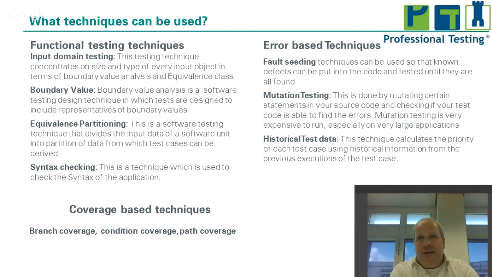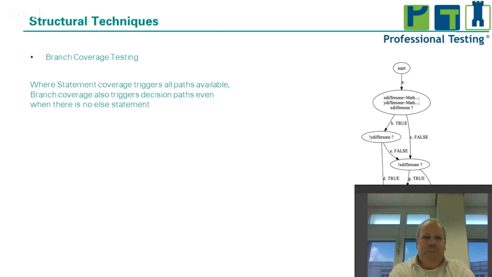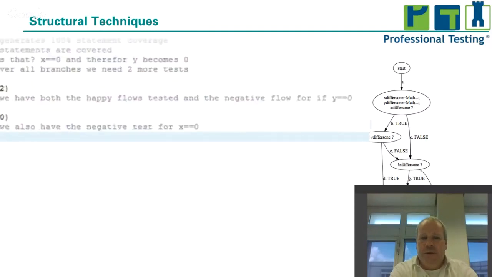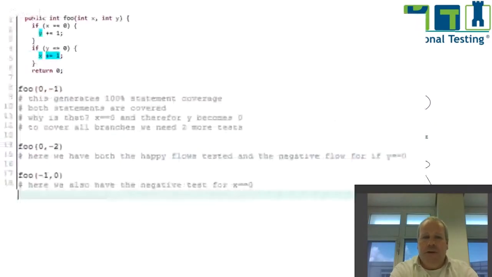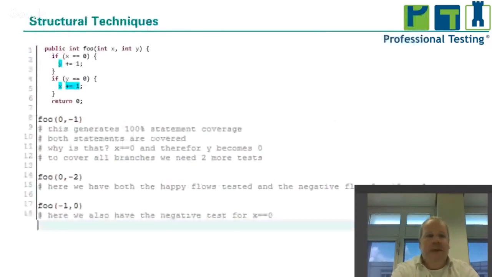I think a lot of your testers will already know these techniques, but let's go through them very quickly. For instance, if we want to have branch coverage, and we have a number of branches through our code, then all the possible branches of your code should be covered and all your nodes should be covered. So if we have a function like this, and we know that the function depends on two variables, you see underneath 3 test cases that will trigger each of the paths through the code.